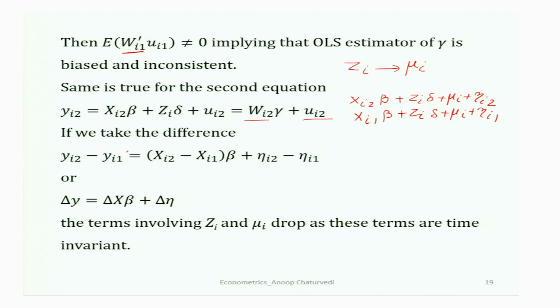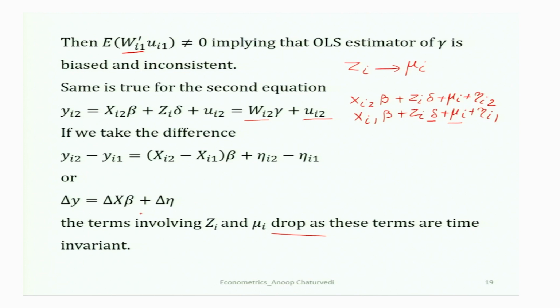So, you get this model in the first differences. Basically, you are transforming the original model into this model by taking the first differences, and when you take the first differences, the terms involving delta and mu I drop, because these terms are time invariant.